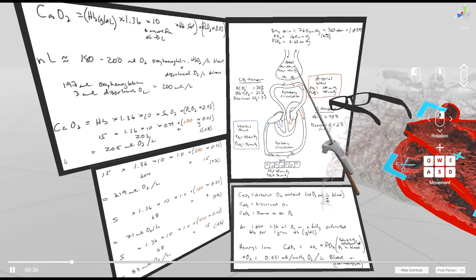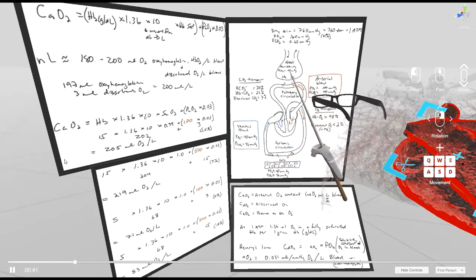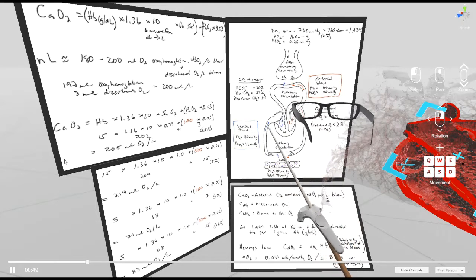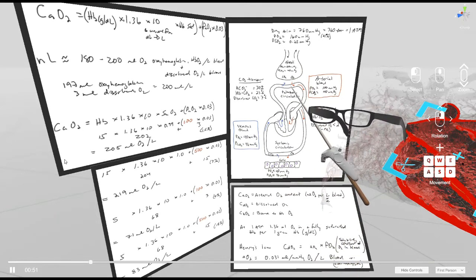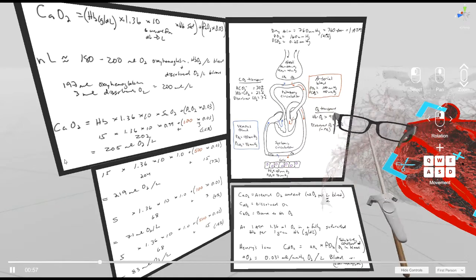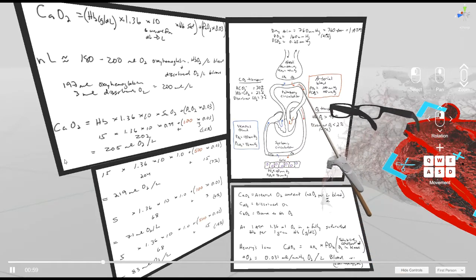You breathe it in, it combines with water, which decreases the content, but the primary factor, which drops 160 to 100 in the alveoli, so PO2 in the alveoli is about 100, is the fact that you've got so much carbon dioxide in here pushing it around. So oxygen is in the alveoli, the capillary bed. You have blood coming through, which is the plasma as well as the red blood cells.